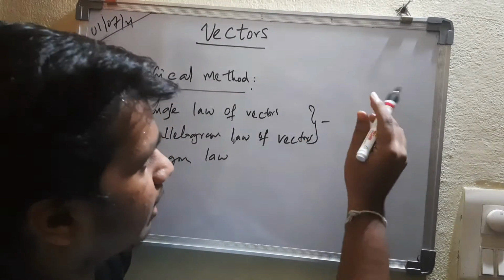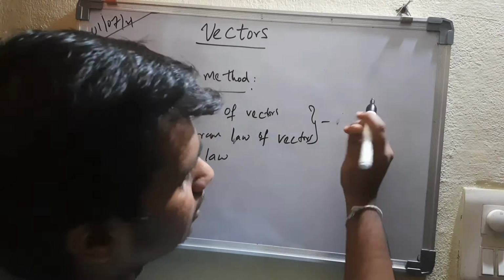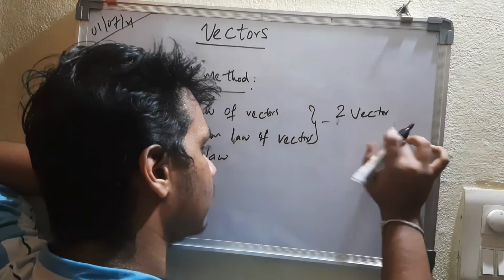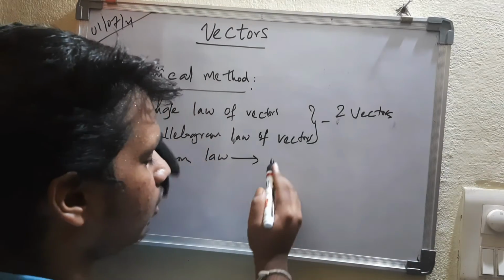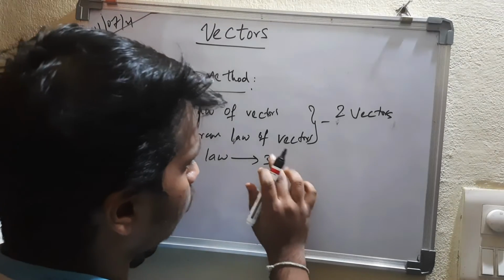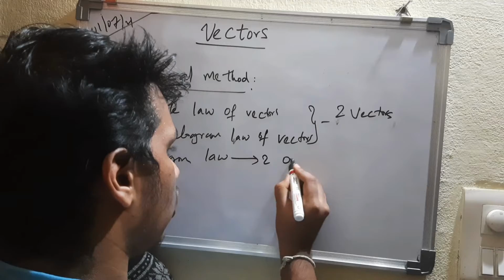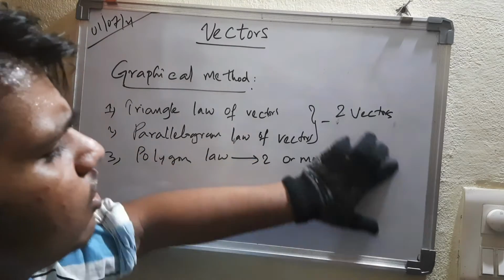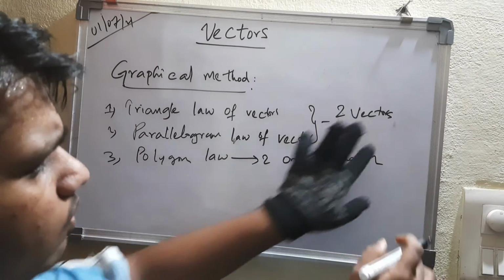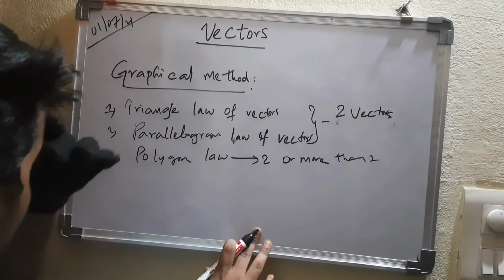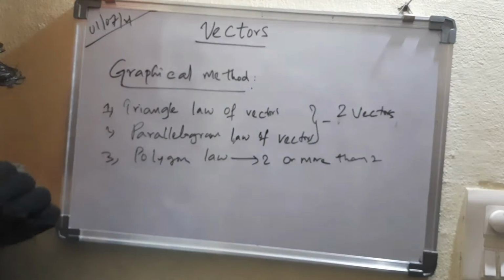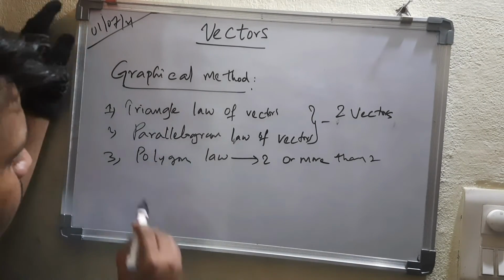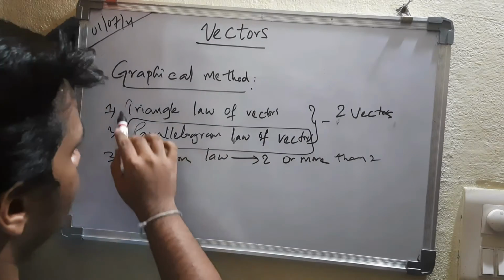The first 2 laws are applicable when 2 vectors are given. And polygon law is useful when 2 or more than 2 vectors are given. We can even use polygon law for 2 vectors. But today we'll discuss only triangle law and parallelogram law, because polygon law is not that important as these 2, and the sums will come mainly on parallelogram law of vectors and sometimes triangle law.